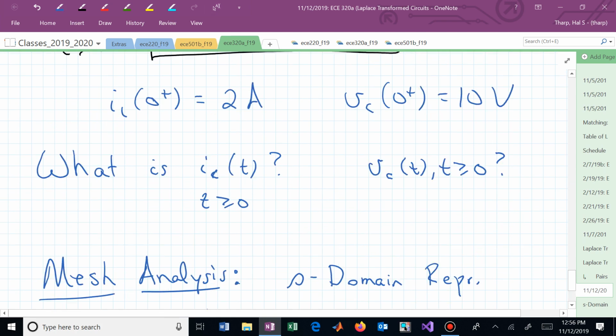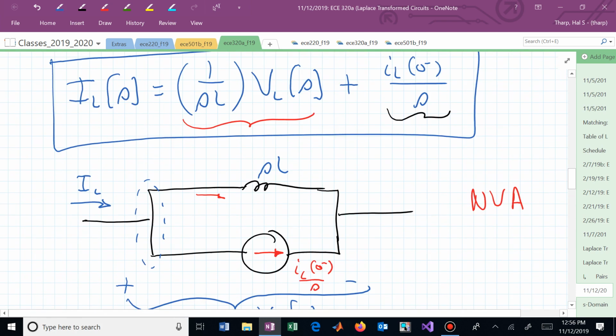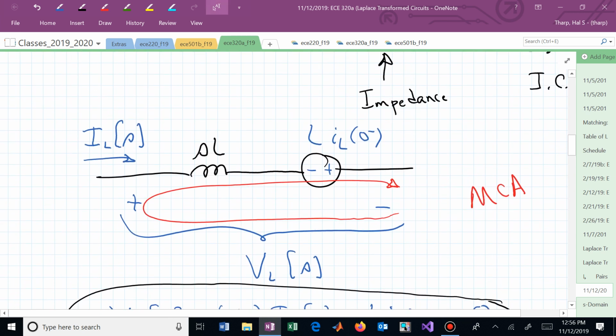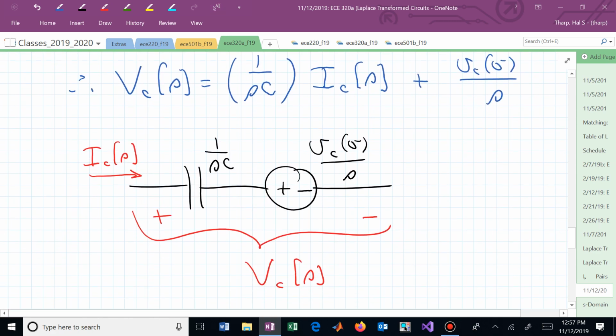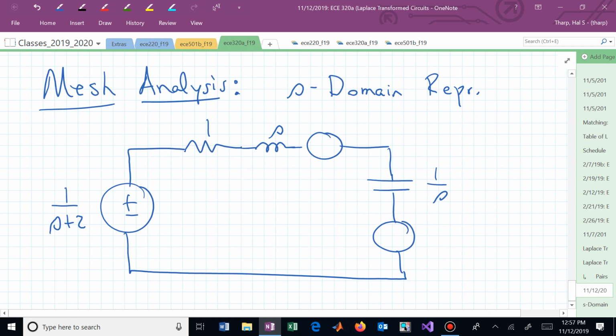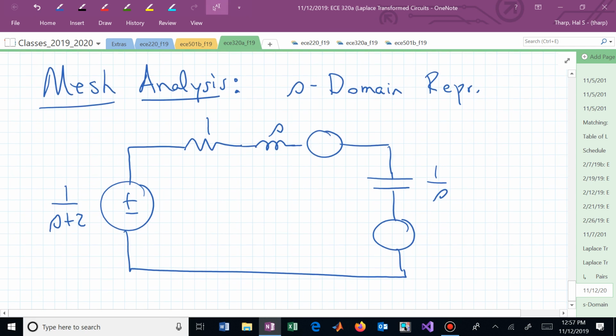Now I need to go back and find on my note sheet what I'm using. I'm now saying minus plus L I sub L of 0 minus. L was 1. Maybe that was a poor choice because you can't see how it's all being impacted. It's not just the initial condition, it's actually the initial condition scaled by L. Here L is 1, but this is now minus plus, and that was a 2.